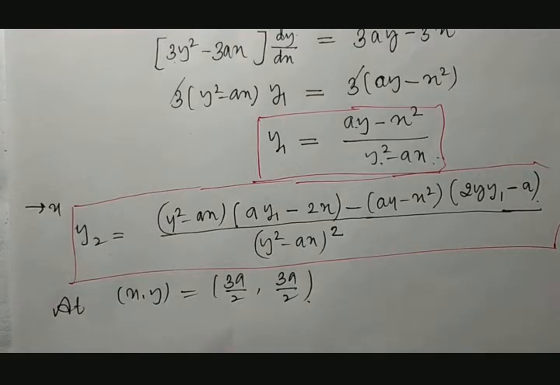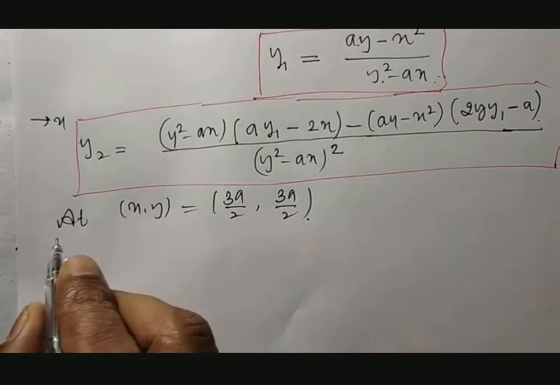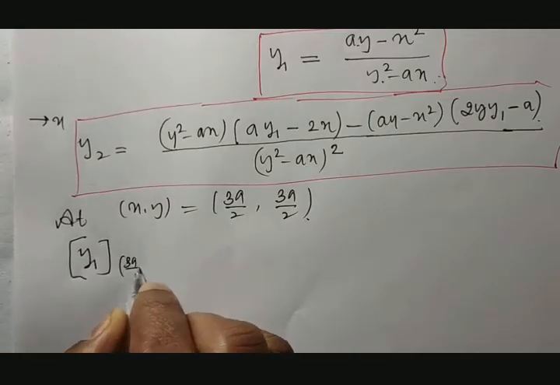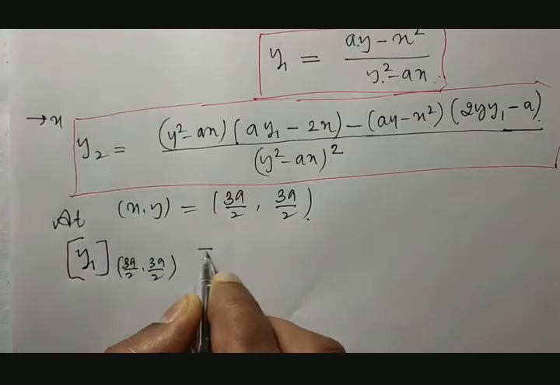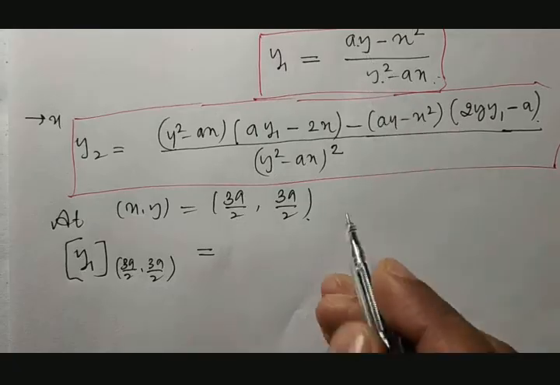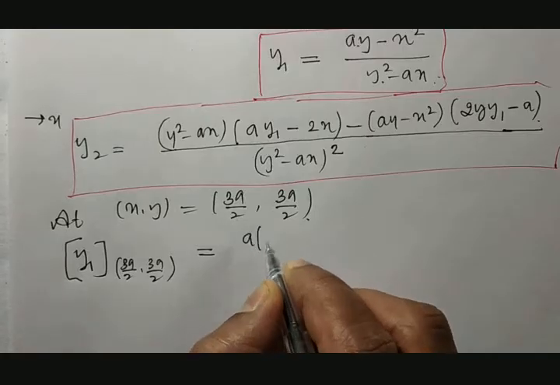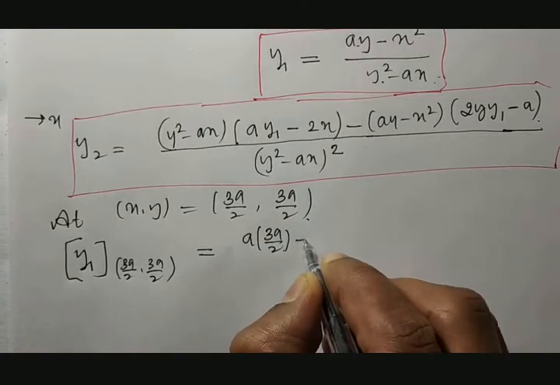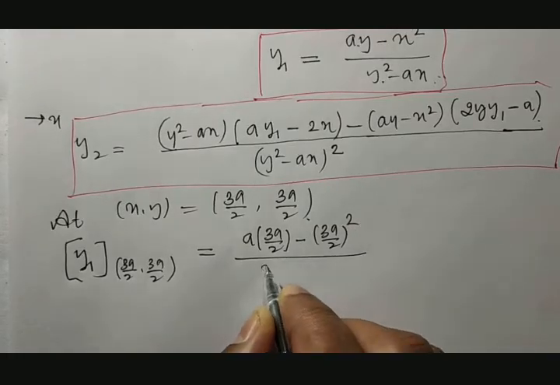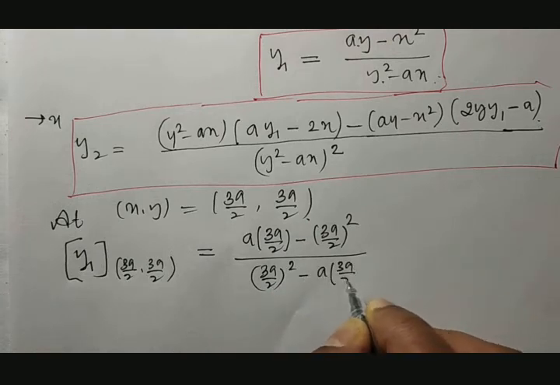Therefore the value of y1 at 3a by 2, comma 3a by 2, substituting these values, becomes a into 3a by 2 minus 3a by 2 the square, divided by 3a by 2 the square minus a into 3a by 2.